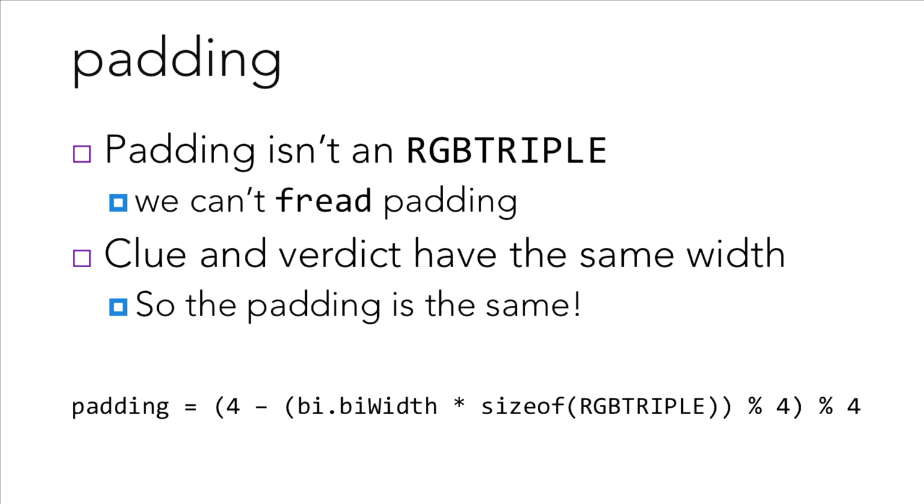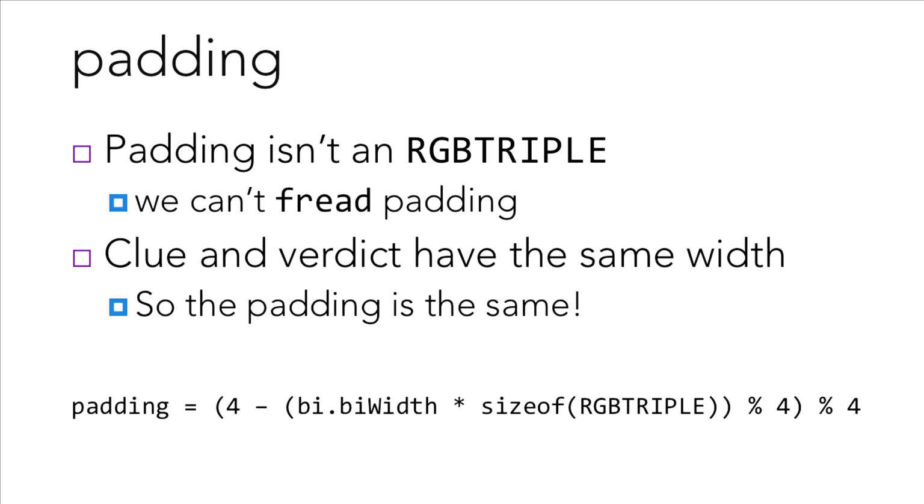In this case, the clue and the verdict have the same width, so the padding is the same. And the padding, as you'll see in copy.c, is calculated with the below formula. bi.biWidth times sizeof RGBTRIPLE will give us how many bytes the BMP has in every row. From there, the modulos and subtractions with 4 can calculate how many bytes must be added so that the number of bytes on every row is a multiple of 4.